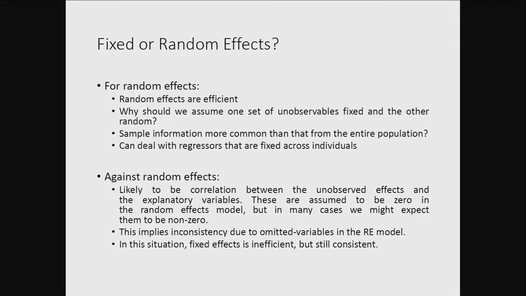Sample information is more common than that formed from the entire population, in the sense that it's very similar to the population itself. And the most important argument for the use of random effects is that we can include time invariant variables, which is not possible for the fixed effect estimation.